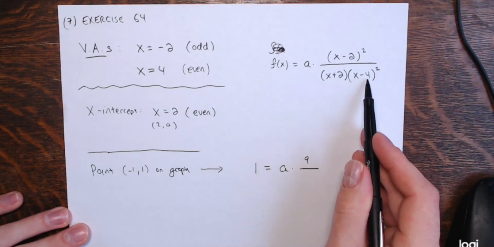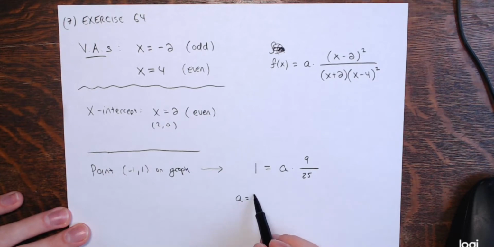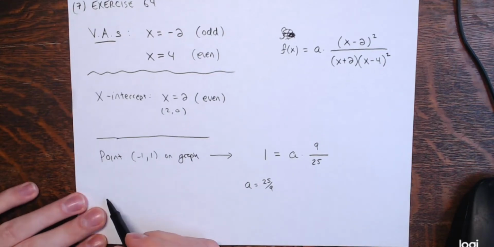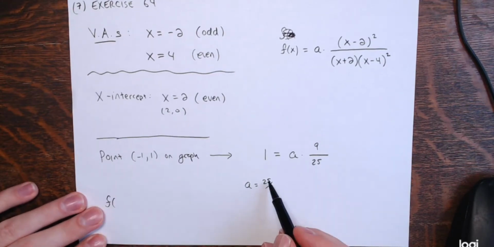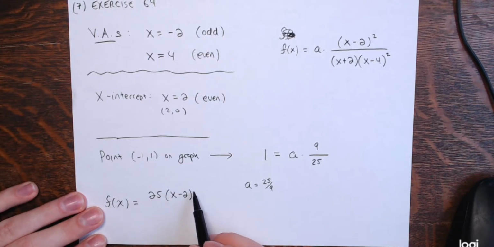Negative 1 minus 4 is negative 5, squared is 25. So a would be 25 ninths. Putting that in, that'll just put 25 in the numerator, 9 in the denominator. So we have f of x equals 25 times x minus 2 squared divided by 9 times the quantity x plus 2 times x minus 4 squared.